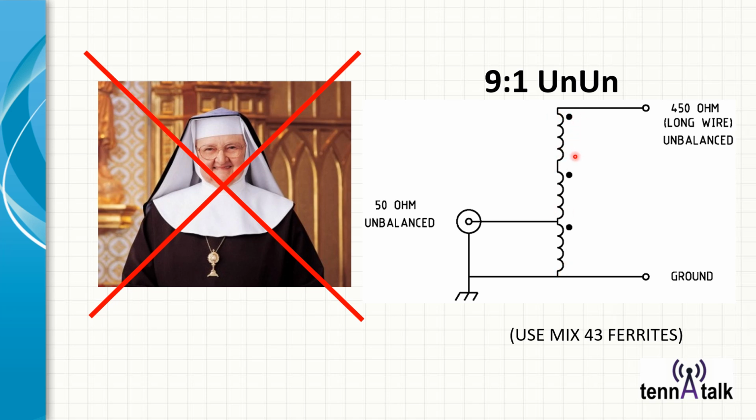Notice the dots. Okay, they're all on the top of the coil. So they're all on the same end of the toroid, whether it be the counterclockwise end or the clockwise end. And that's how you would hook it up. And so because I have 3 coils on the output versus 1 coil on the input, that's a 3 to 1 turns ratio, which turns out to be a 9 to 1 Unun ratio because it's the square.